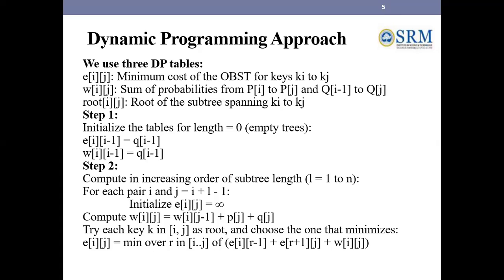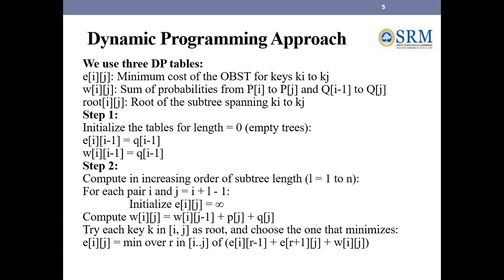So we are using 3 tables here: E of i comma j, W of i comma j, and root of i comma j. And what is E of i comma j? It's the minimum cost for searching a particular key in a binary search tree. That is the minimum cost. And W of i comma j is the sum of probabilities from p_i to p_j and q_{i-1} to q_j.